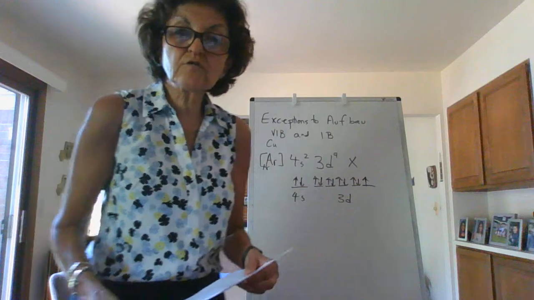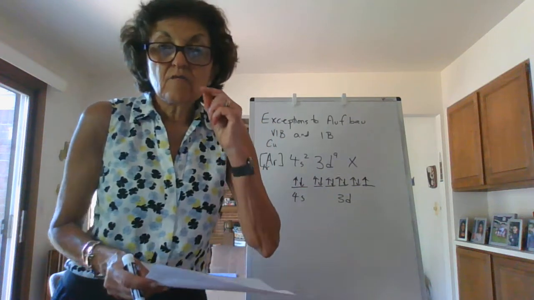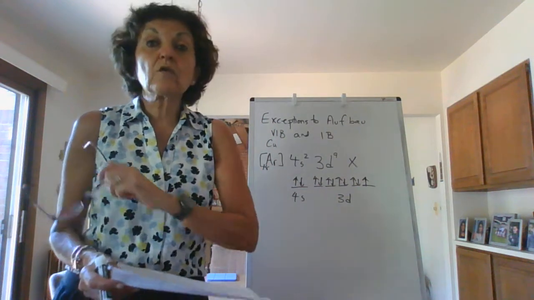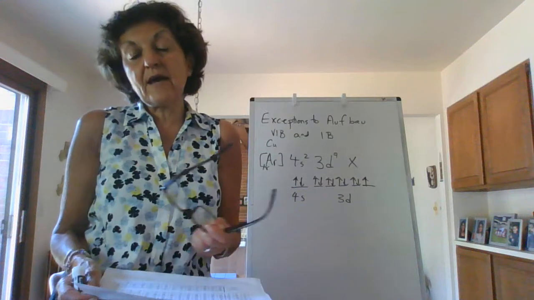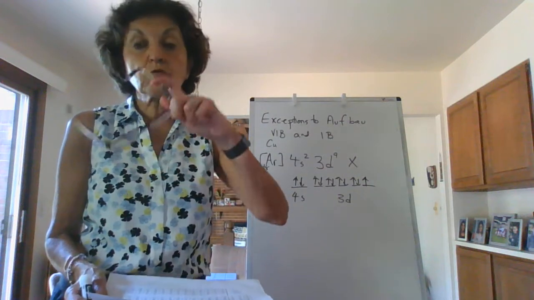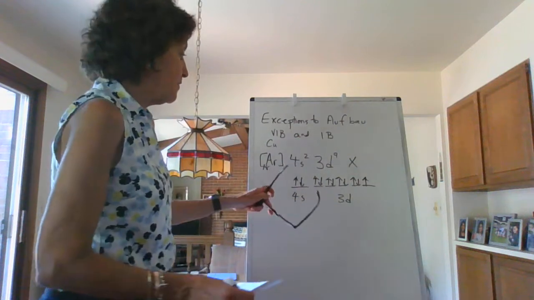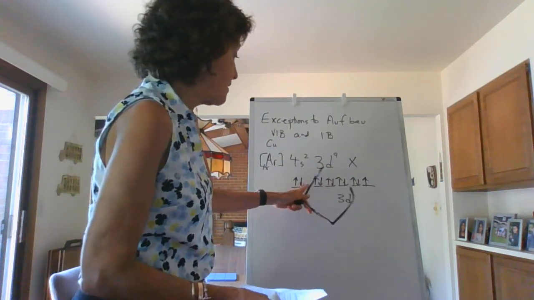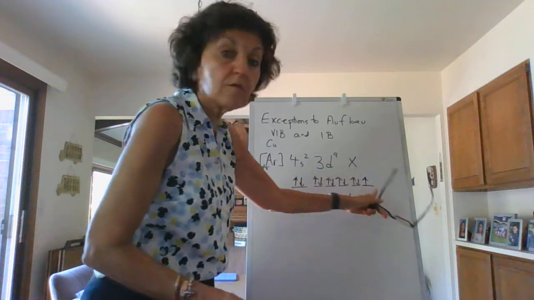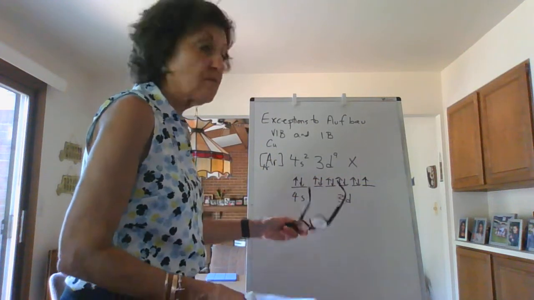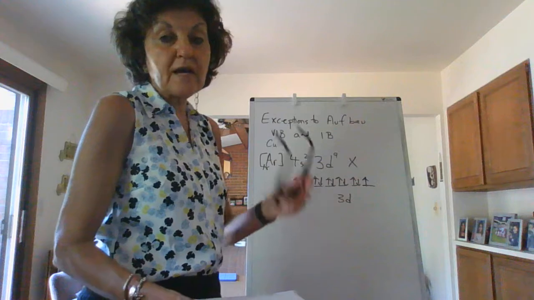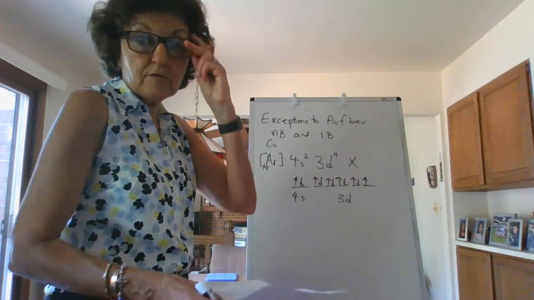Okay, remember what I told you guys. It is most stable when it's completely filled or half filled. And you are allowed to promote one electron from the s to the d. Can you see that if you promote this one electron, bring it over here, it makes this completely filled, and then this is half filled, and it's super duper happy and very, very stable.